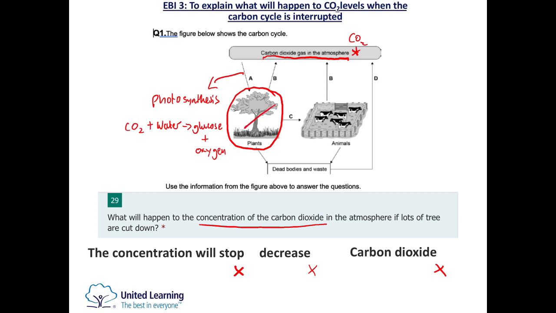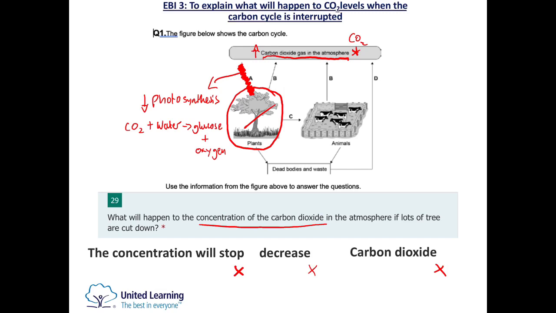Now, what's going to happen if you cut down this tree? Then you're going to effectively remove this process. So the more trees that you cut down, the more photosynthesis is decreased. And because of that, you have an increase of carbon dioxide in the atmosphere.